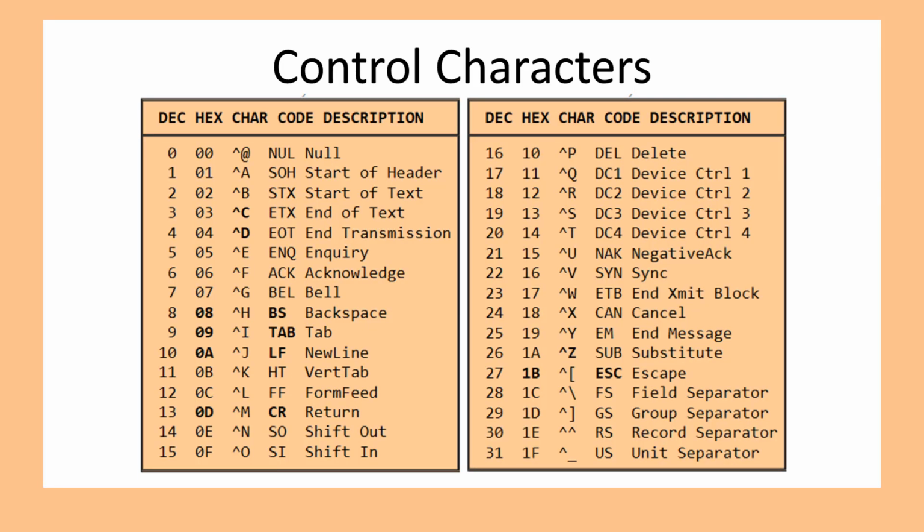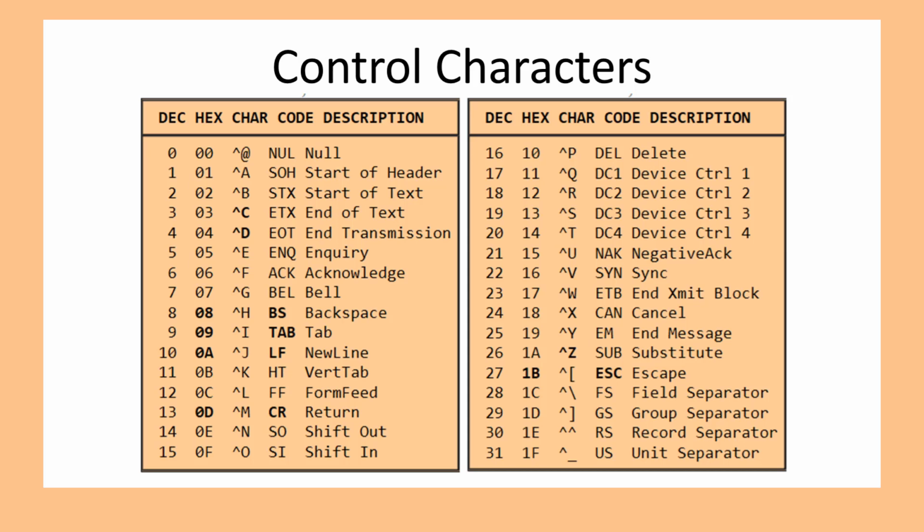Here are the control characters. Most of them, as a programmer, you will probably never use. These were originally used especially in transmitting data back and forth between different computers. So we have things like null, you should know that one, that's all zeros. Then start of header, start of text, end of text, we don't really care about those. End of transmission, I'll cover that one a little bit.